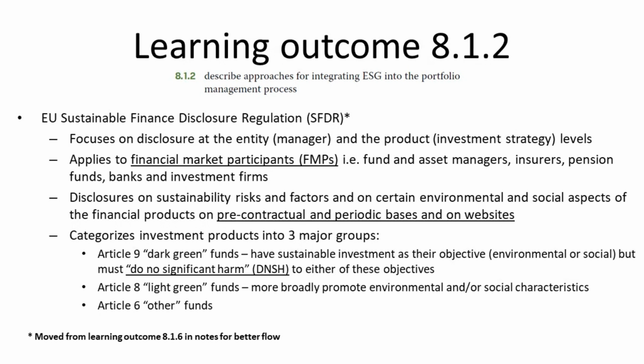It applies to financial market participants, i.e., fund and asset managers, insurers, pension funds, banks, and investment firms. That requires disclosures on sustainability risks and factors and on certain environmental and social aspects of the financial products on a pre-contractual basis, that's pretty much upon the sales process, and on a periodic basis and on websites.